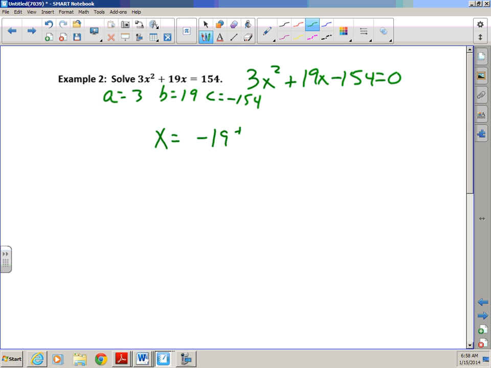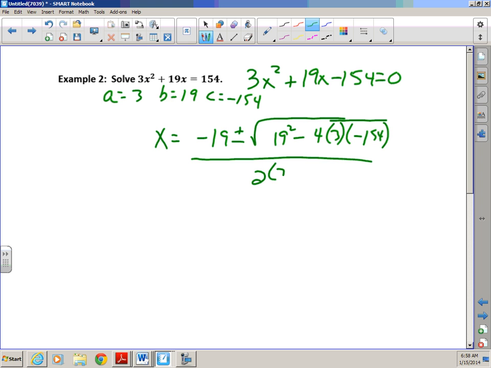Negative 19 plus or minus the square root of 19 squared minus 4 times 3 times negative 154, and all of that is divided by 2 times 3. So what do we get?